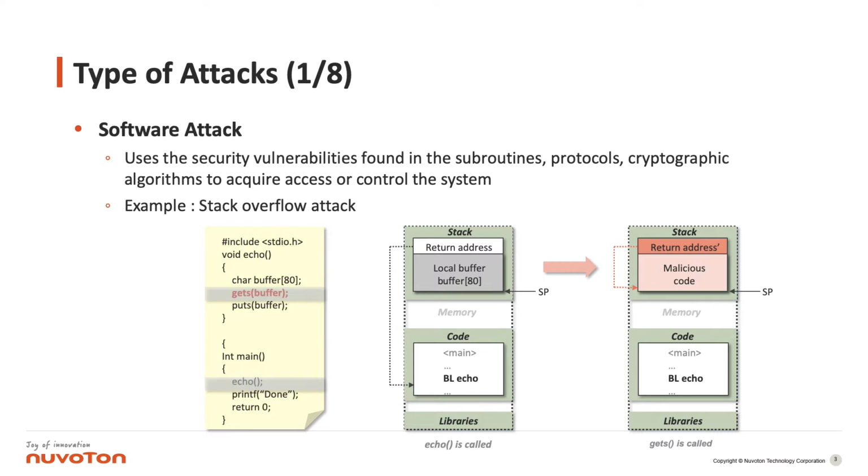After echo ends, it will not return to the main routine, but will jump to the malicious code. In this way, malicious code gains control of the program, which may lead to confidential data leakage, improper operation, or other errors. This is the method of exploiting software vulnerabilities to attack.